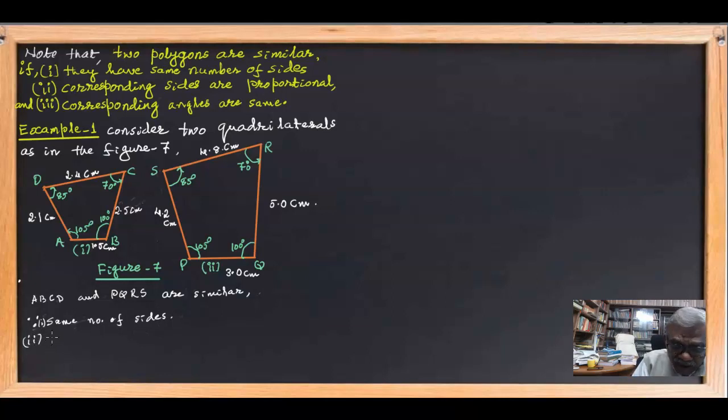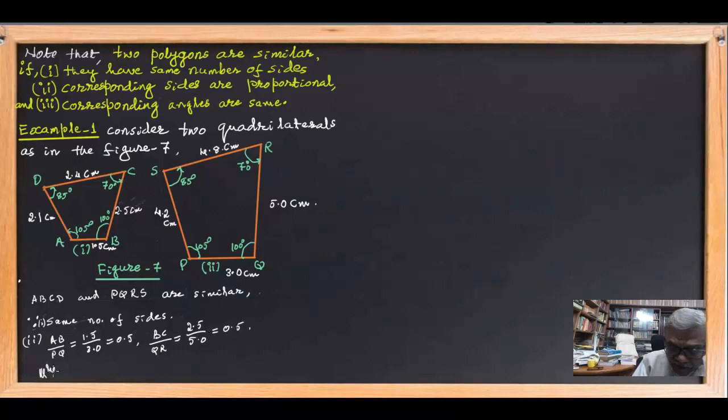I mean AB divided by PQ equals 1.5 by 3.0, that is equal to 0.5, and BC by corresponding side QR, BC is 2.5 and QR is 5.0. Here also it is 0.5.